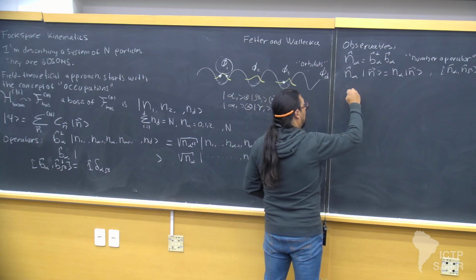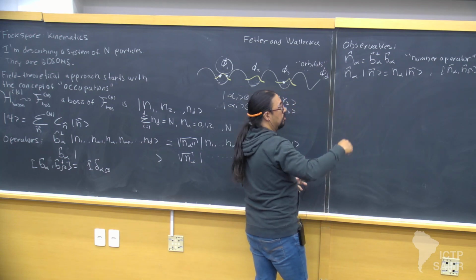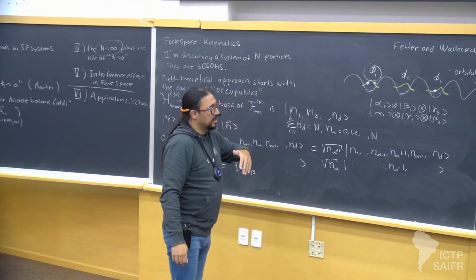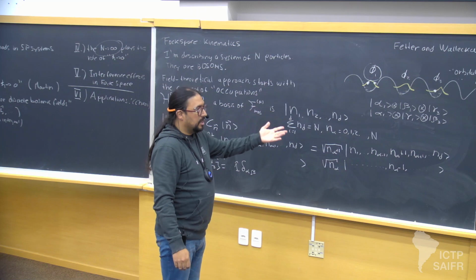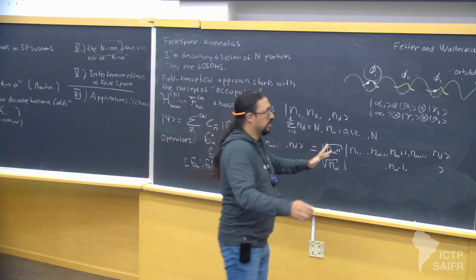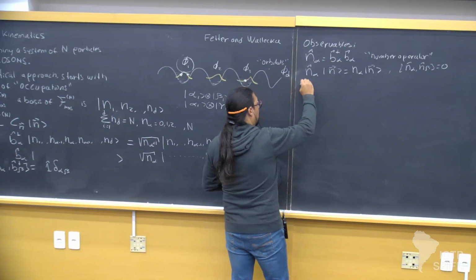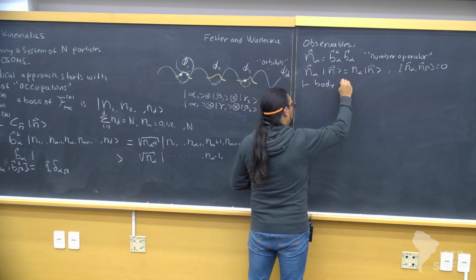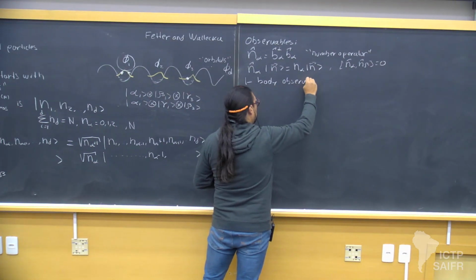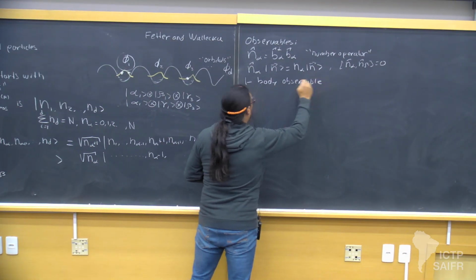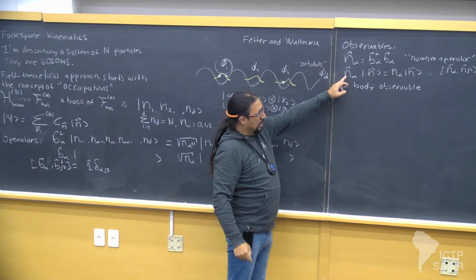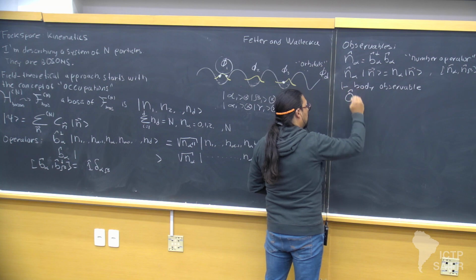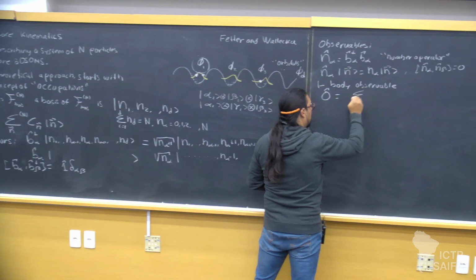What else? This is not enough to construct all possible observables in this type of system. And I will restrict to two important types of observables. Something that is called a one-body observable. Like this. This guy is a one-body observable. I would call it O. They have the following form.